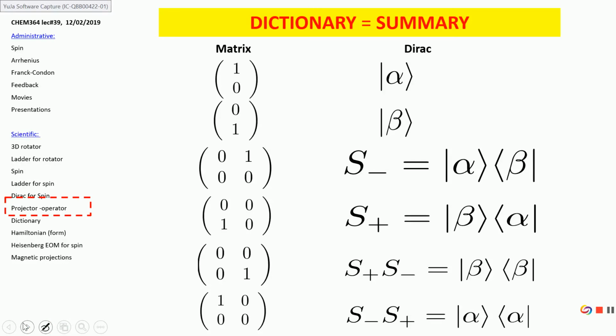So this is the little dictionary that we covered during our last meeting. Spin, not to speak in public, is like rotation of an electron around itself, clockwise and counterclockwise, with a fixed rate. There are two states, up and down, and there are operators that promote it from up to down.